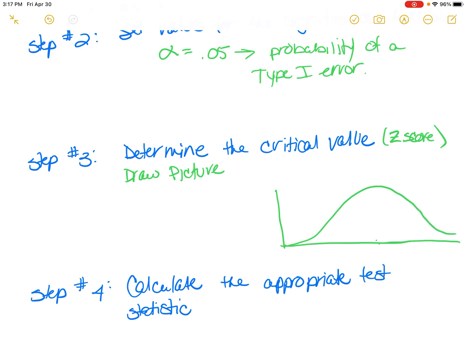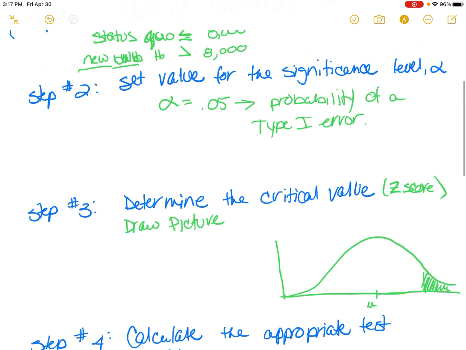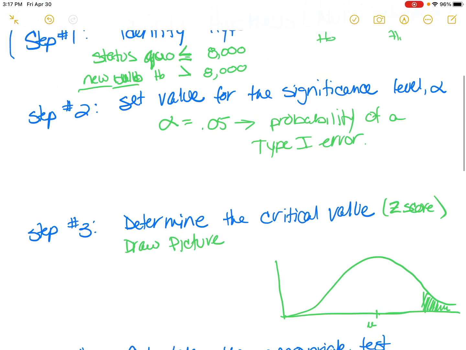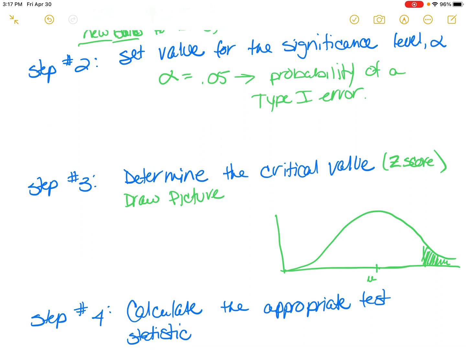So here's our normal curve, and this is mu. The probability of the new bulb being greater than 8,000 is here.